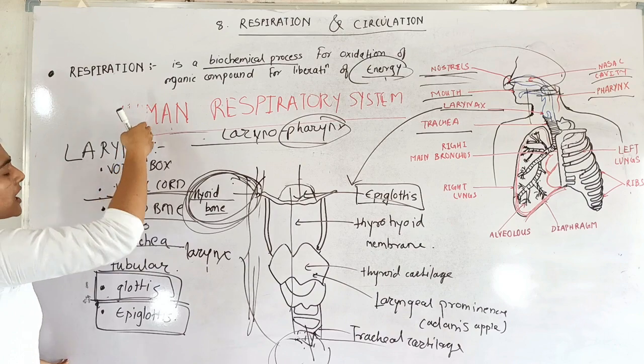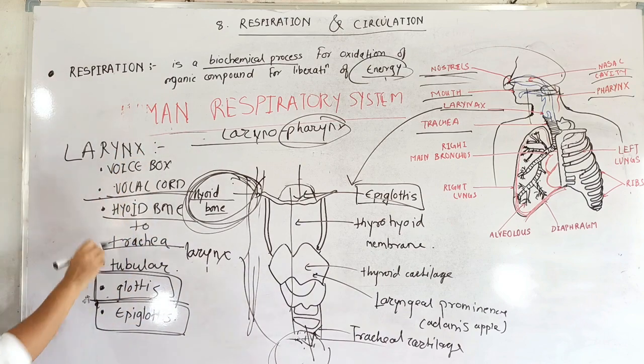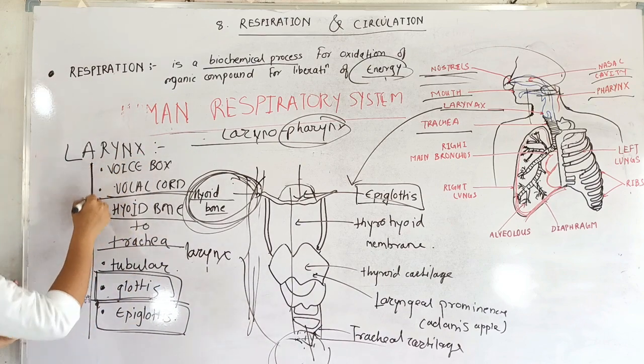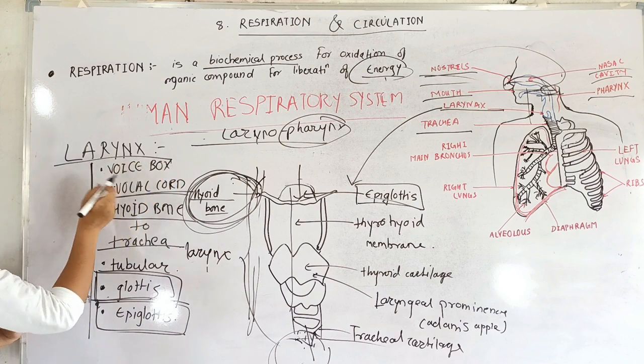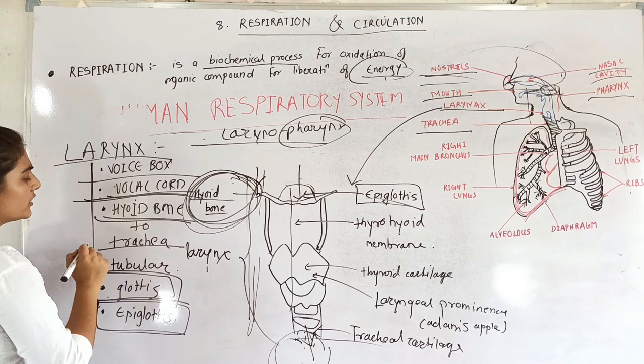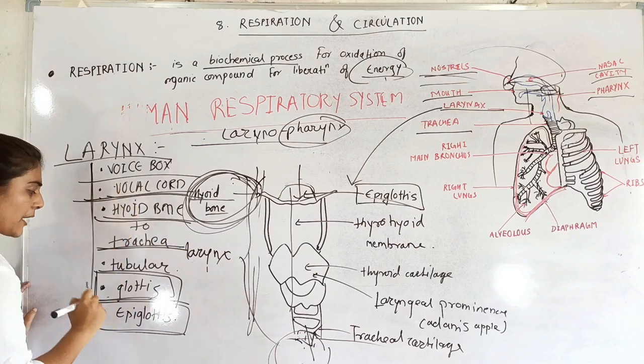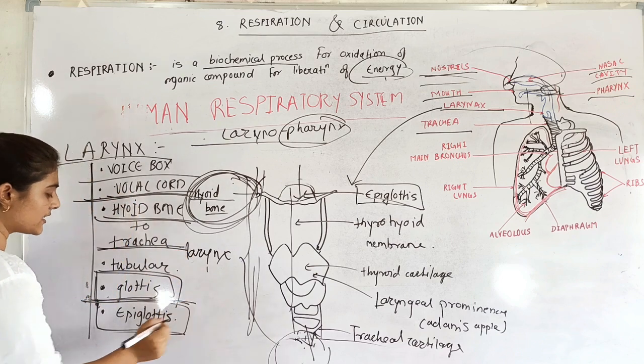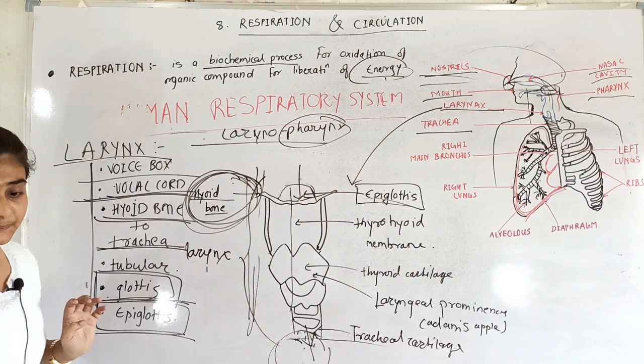While writing the answer on the larynx, you should mention the key points: it is a voice box with vocal cords, starting from the hyoid bone to the trachea, it is tubular, and it has the glottis and epiglottis.